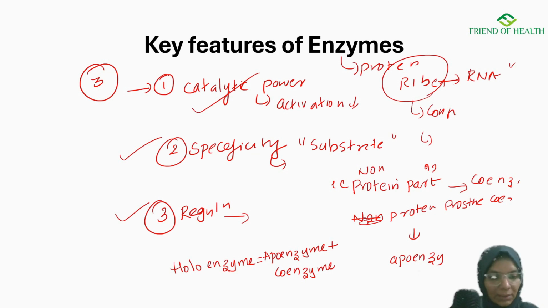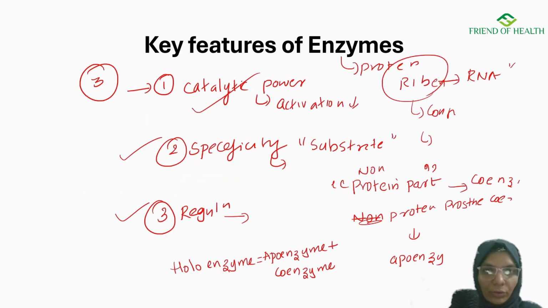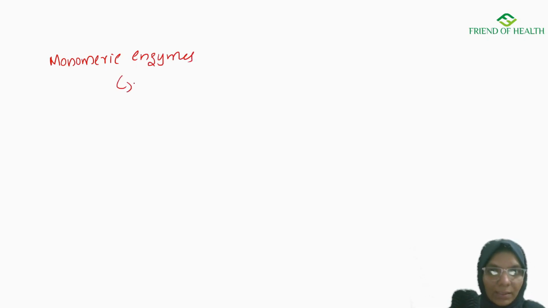Now, in general there is a categorization of enzymes into 6 classes. Before going to that, there is another classification you should know, based on the peptide chain. Monomeric enzymes have only one polypeptide chain, such as ribonuclease.